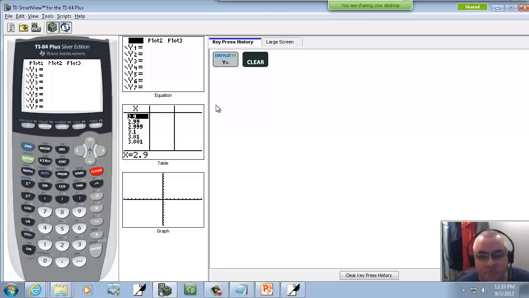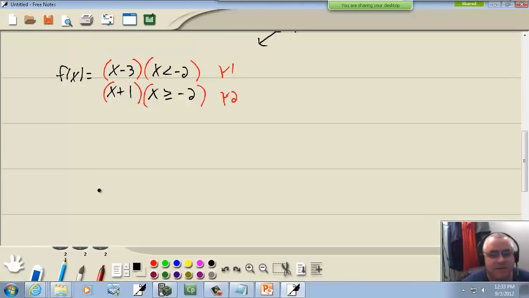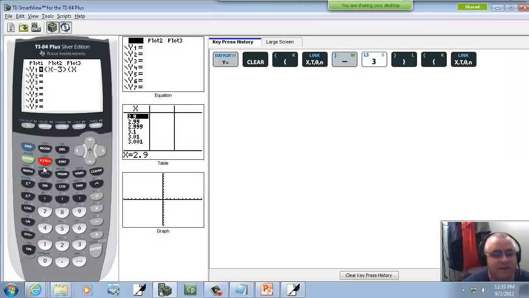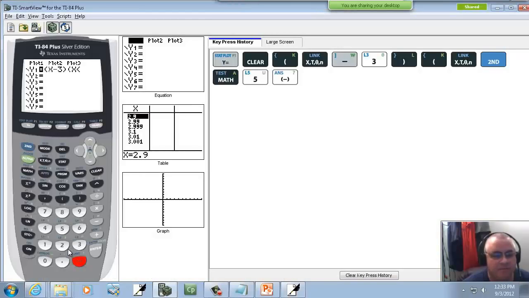I'll press y equals, press clear. Okay, so I do my beginning parentheses, and then I got x minus 3. Put a closing parentheses, beginning parentheses, x, and then next one is less than. Where you find less than is underneath the test menu. So I'll do second math, and less than is my fifth one, so I'll press 5. And this would be negative 2. Close parentheses.